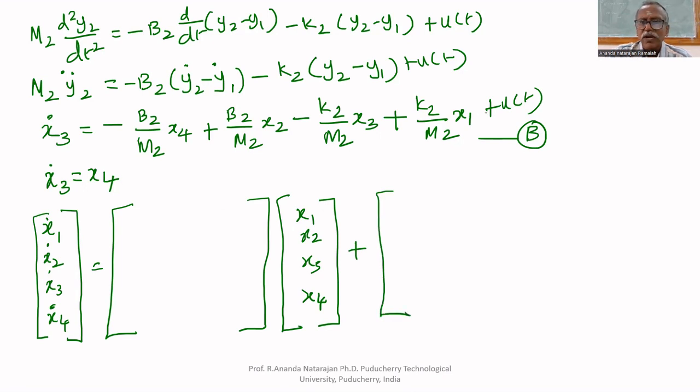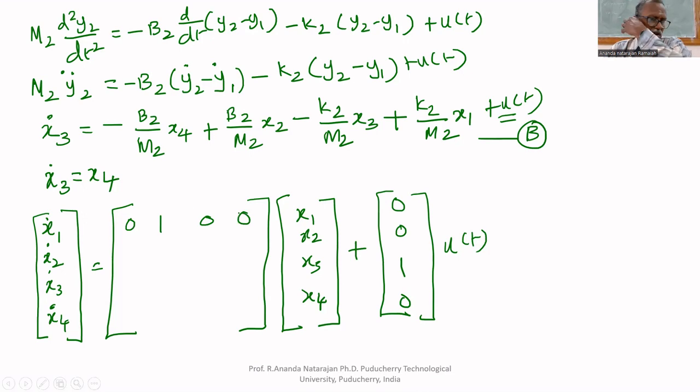U is in the x3 dot equation only. Therefore, we can put 0, 0, 1, 0 times u of t. What are the coefficients of the first equation? x1 dot equal to x2. Therefore, 0, 1, 0, 0.